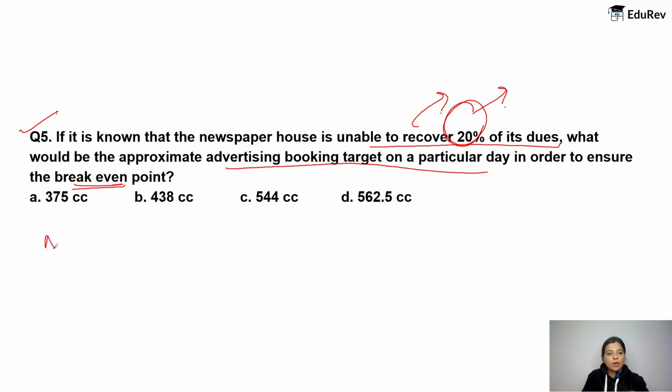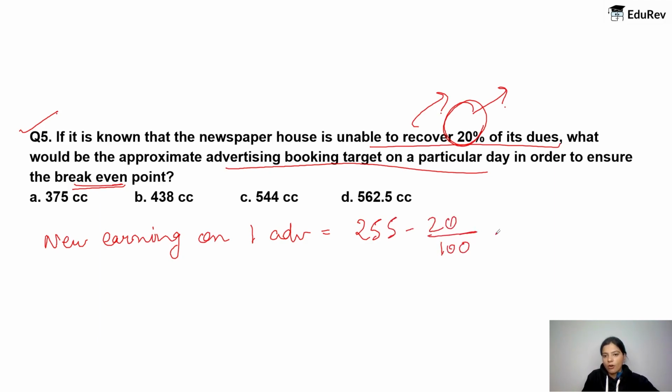So now the new earning on one advertisement is nothing but 255 minus 20% of 255. That means now it is only able to recover 80% of 255.